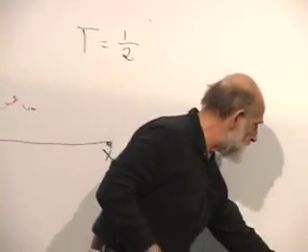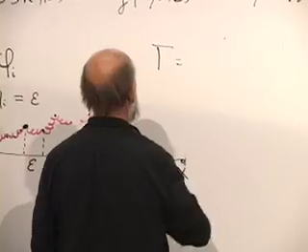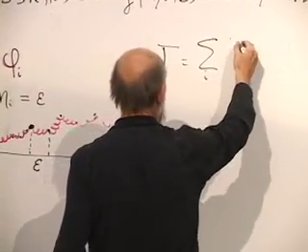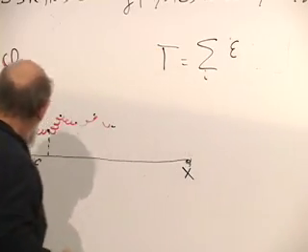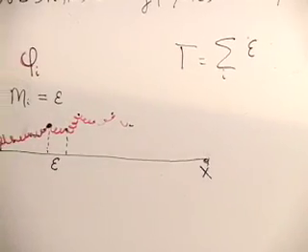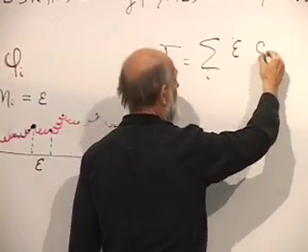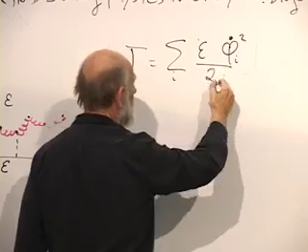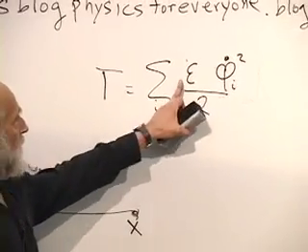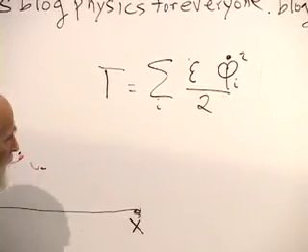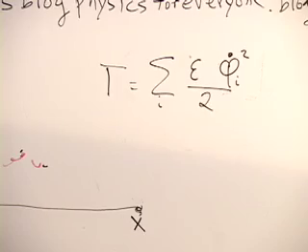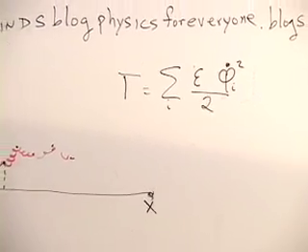We'll eventually have a summation over all the particles, the mass of the ith particle, which is epsilon, and then the square of the velocity, which is just phi sub I dot squared, divided by 2. 1/2 mass times the velocity squared. That epsilon is in a rather convenient place for later purposes. Let me tell you what the later purposes are.